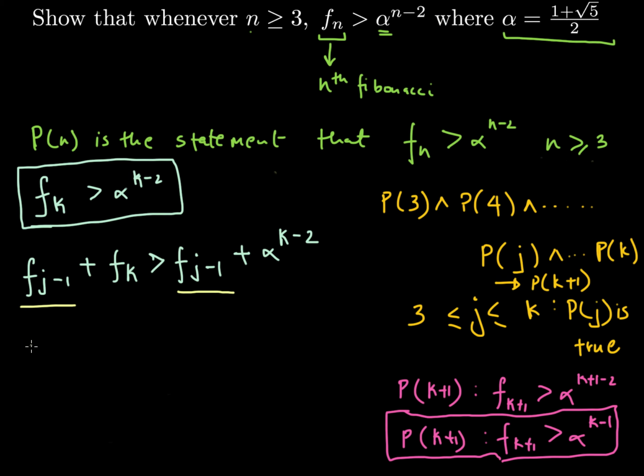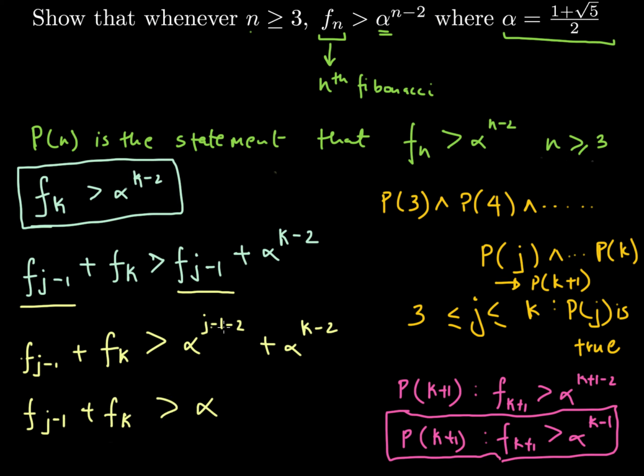I can just say f of j minus 1, which is this piece over here, plus f of k is also greater than, I can replace f of j minus 1 with the statement that this is alpha to the power of j minus 1 minus 2 plus alpha to the power of k minus 2. This becomes j minus 1 minus 2, which gives you minus 3, plus alpha to the power of k minus 2.